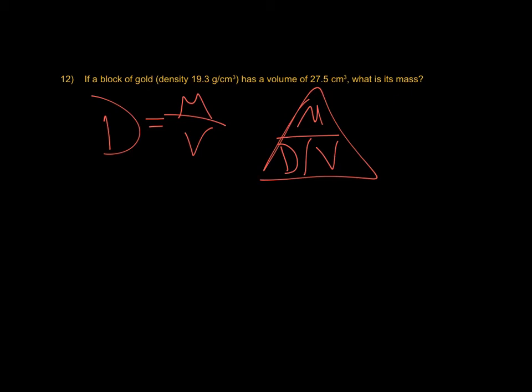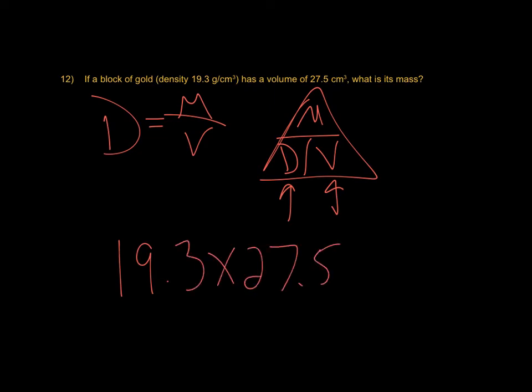In this case, we've got density and we've got volume. Since they're side by side in the triangle, what that means is we multiply them together to find the mass. So 19.3 times 27.5 gives me a mass of 531 grams.